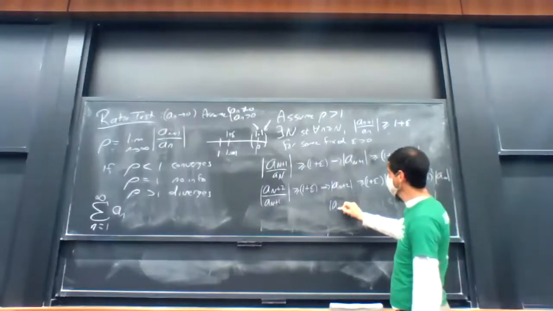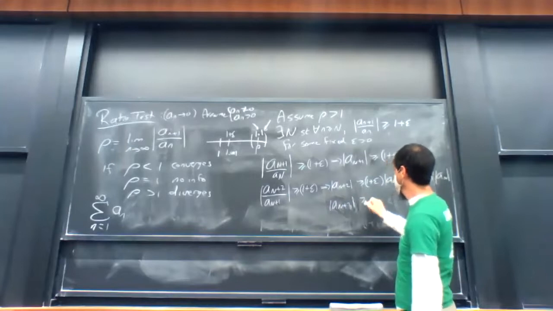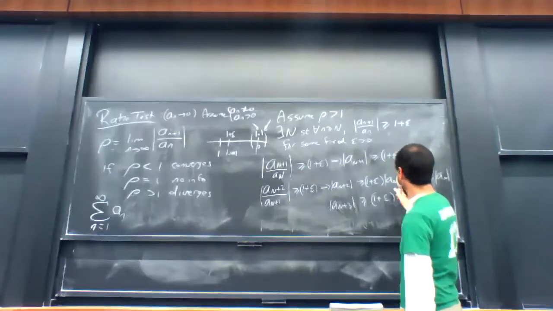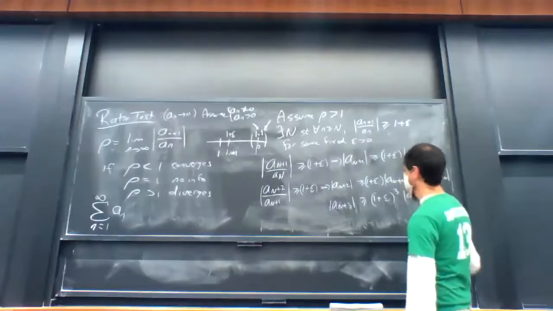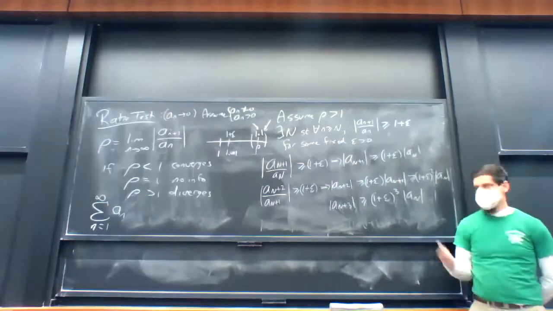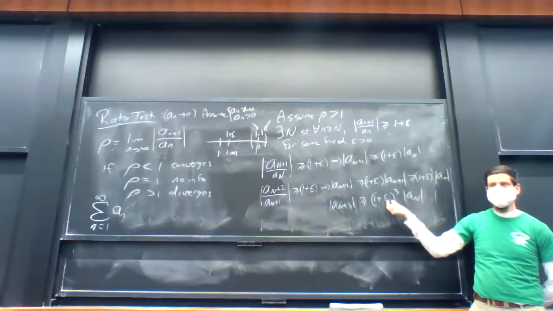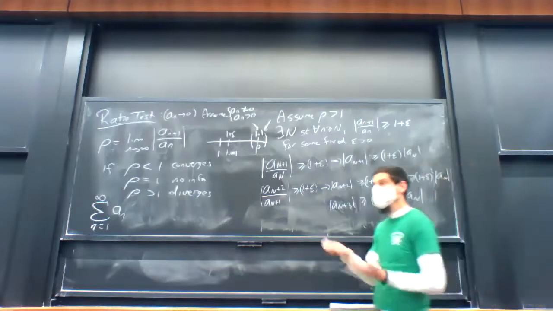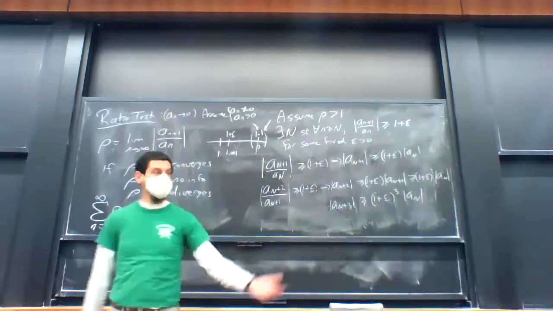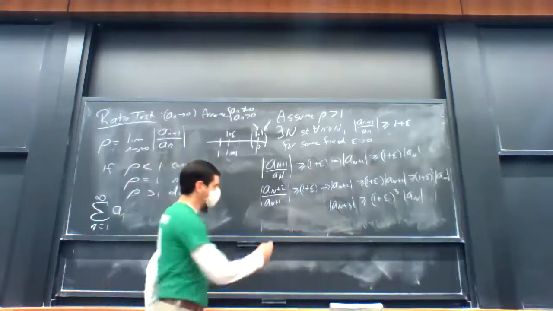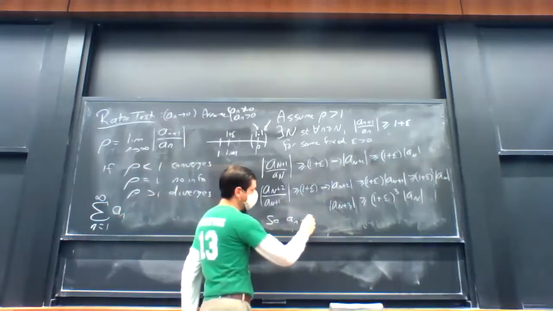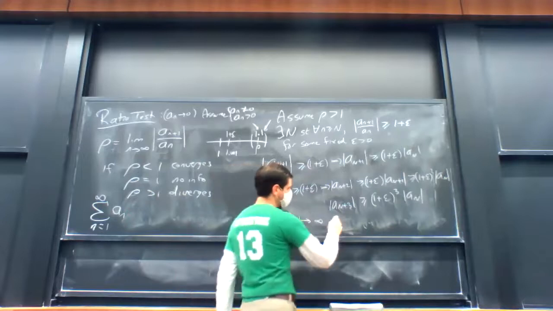Similarly, what do you think would be true for a_{N+3}? It would be at least 1 plus epsilon cubed times |a_N|. And since a_N is not 0, what happens is you take 1 plus epsilon to a higher and higher power. It increases, so it's going to go off to infinity. So my terms can't go to 0. So it's divergent. So a_n goes to infinity, diverges.